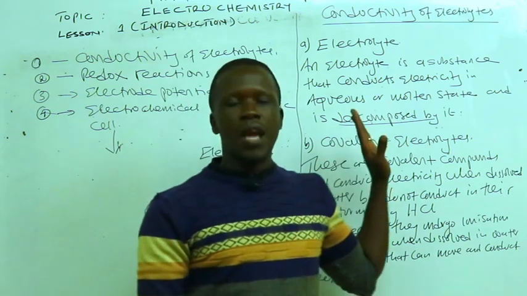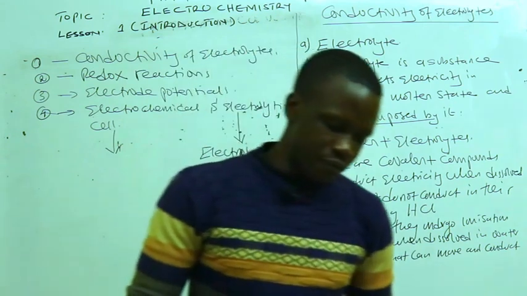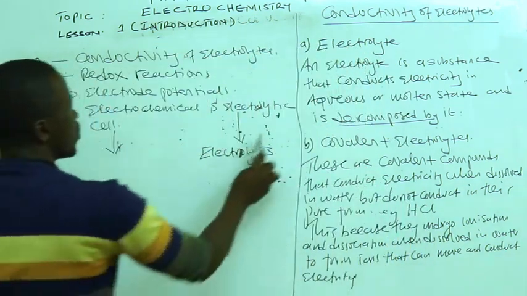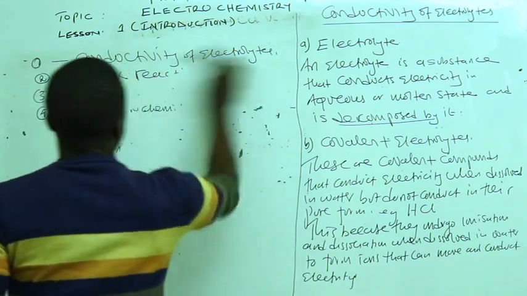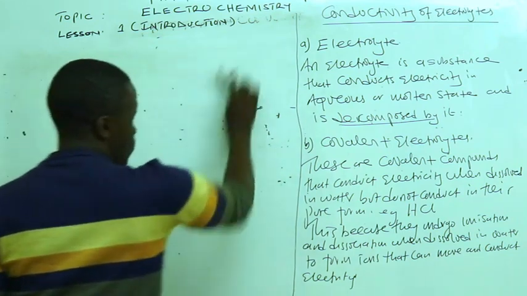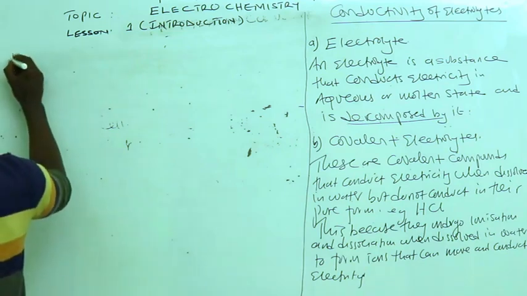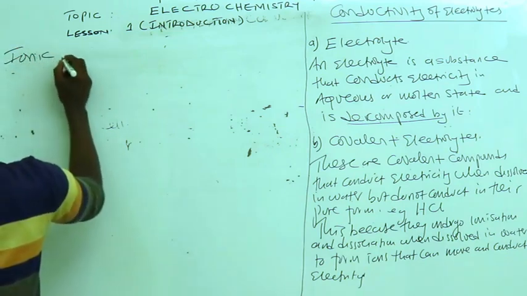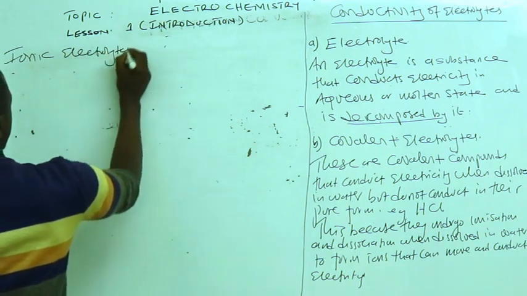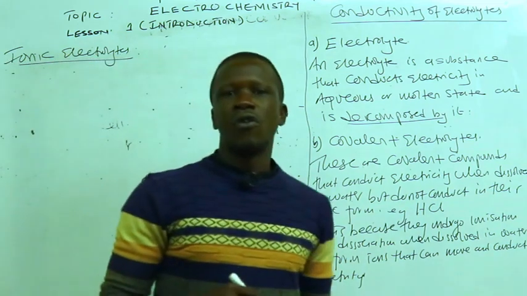Then, the other type that we can look at are called ionic electrolytes. Now, ionic electrolytes in a solid state do not conduct electricity because of a very strong electrostatic force of attraction between the ions. So when we talk about the so-called ionic electrolytes, they majorly consist of salts.